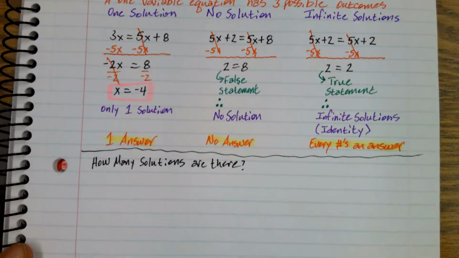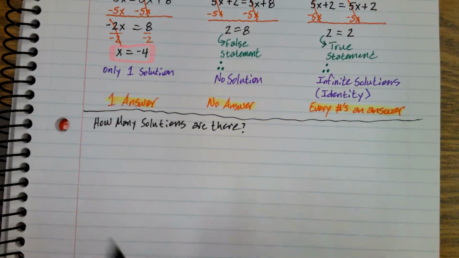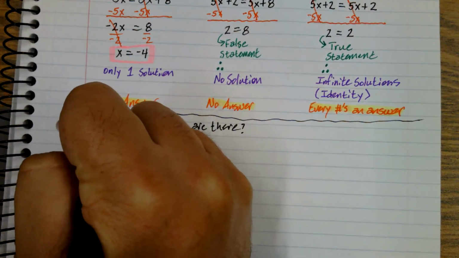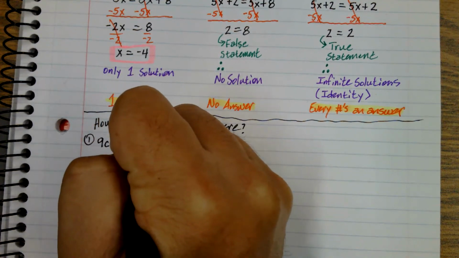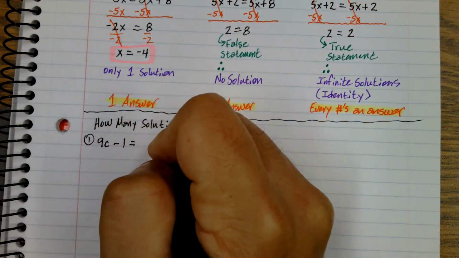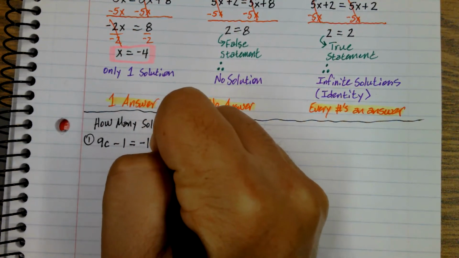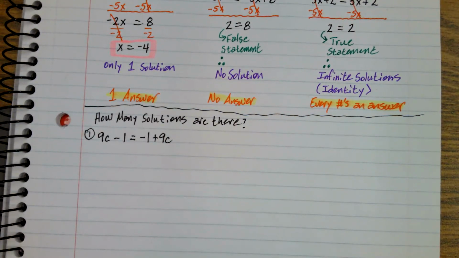So let's do this. So you tell me 9c minus 1 equals -1 plus 9c. Okay? Let's say we have this equation, and we want to know, is it one solution, no solutions, or infinite solutions?